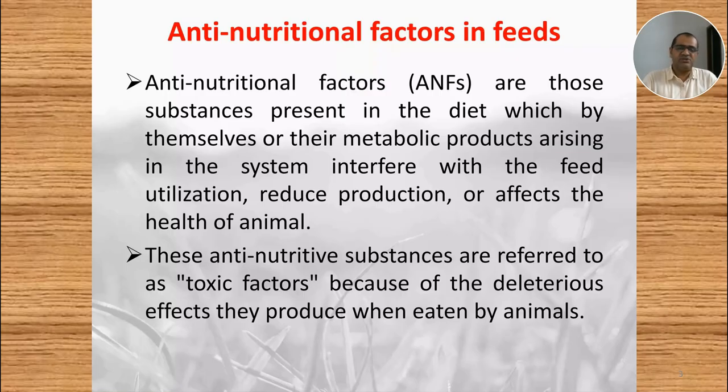In other words, they are present in the feed and cause a deleterious effect on the animal which consumes that feed. These are chemicals, maybe alkaloids or a variety of chemicals diverse in nature, which may be derived from plants or also from mycotoxins, fungi, and many more sources, or endotoxins.